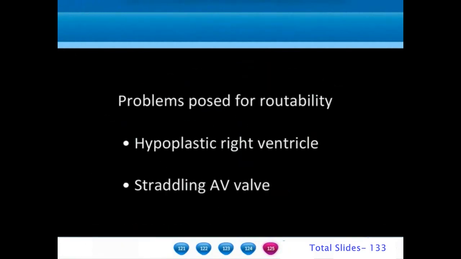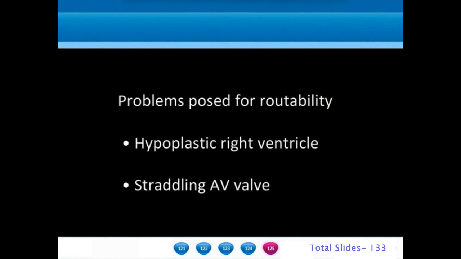Some of the problems that will be posed for routability of ventricular septal defects will be hypoplasia of the right ventricle. In some patients, the tricuspid annulus and the right ventricle may be hypoplastic and they may limit performance of an intraventricular tunnel closure.